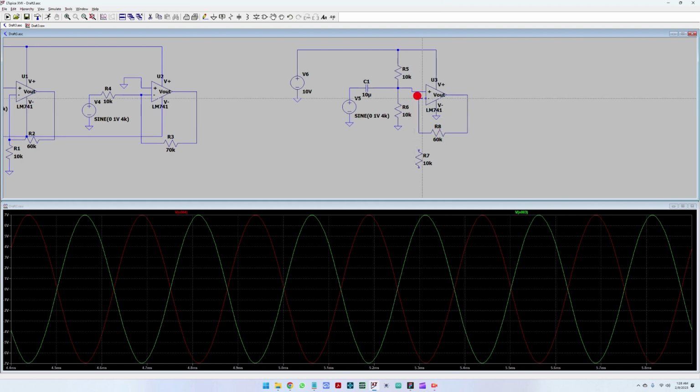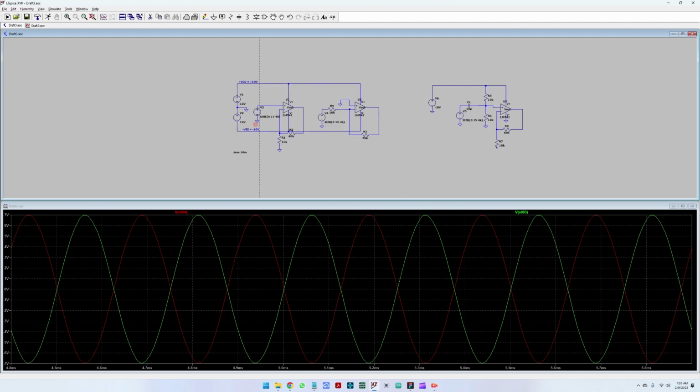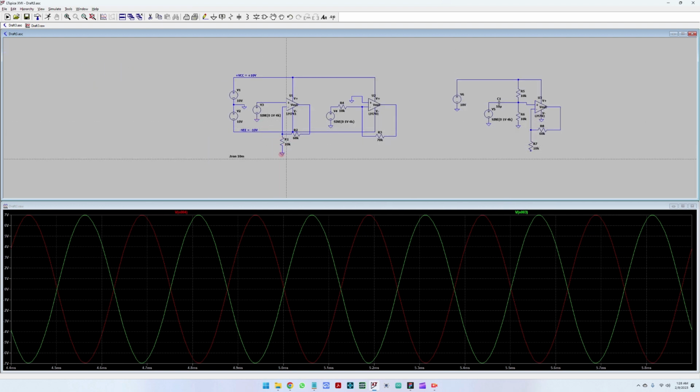Okay. So this seems to be quite done, but not precisely done. There is only one topic here. If we connect this point from this resistor to ground, as we have here, the circuit would not work because the ground for us is at half of the power supply here.